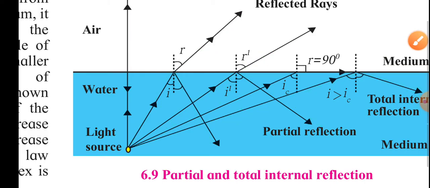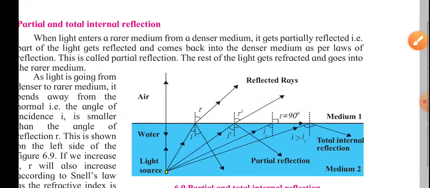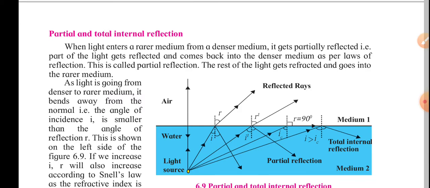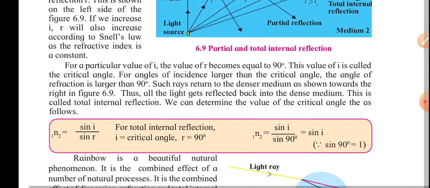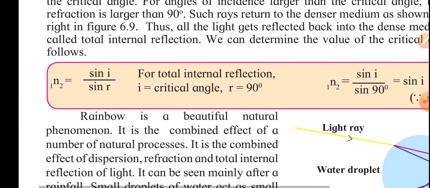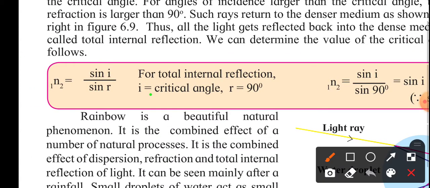This kind of reflection is called total internal reflection, and the others we call partial reflection. So this is about total internal reflection and the refractive index. If you see over here, there is the critical angle. Which angle?